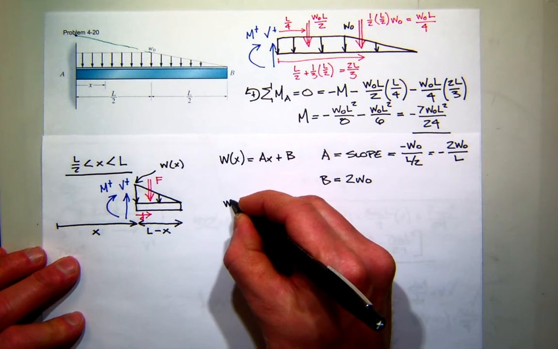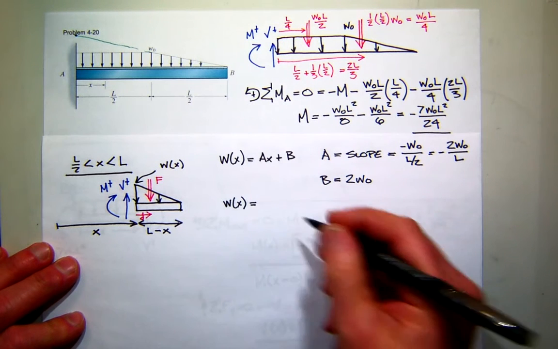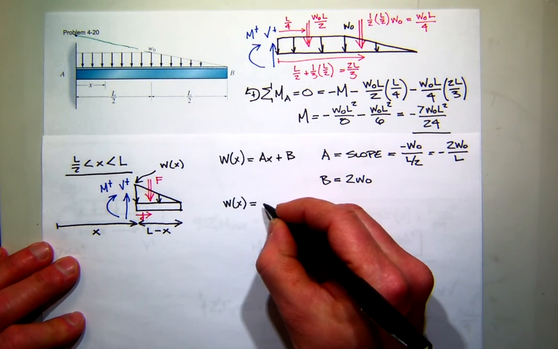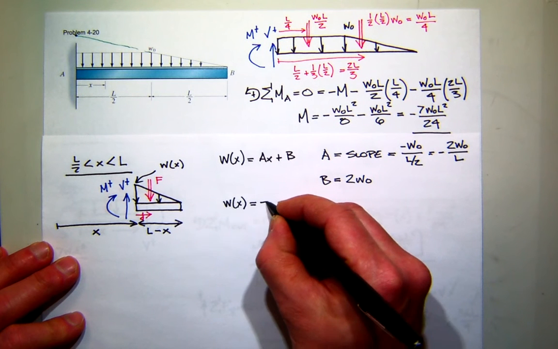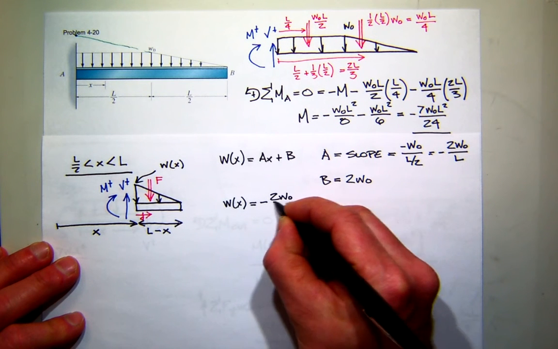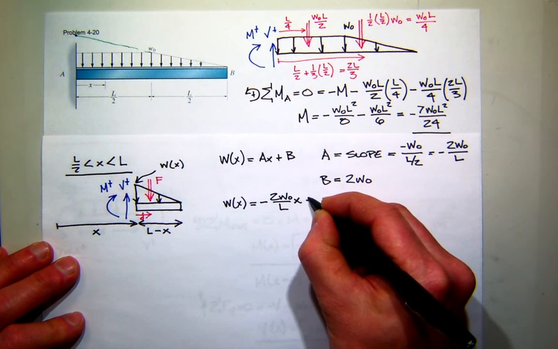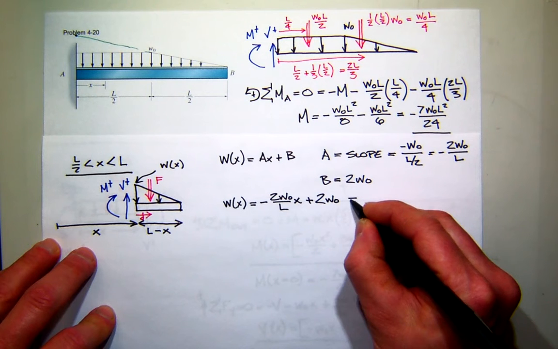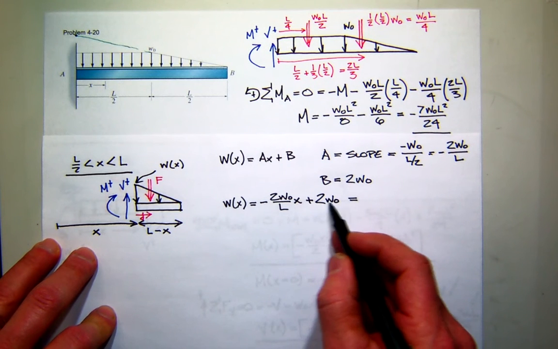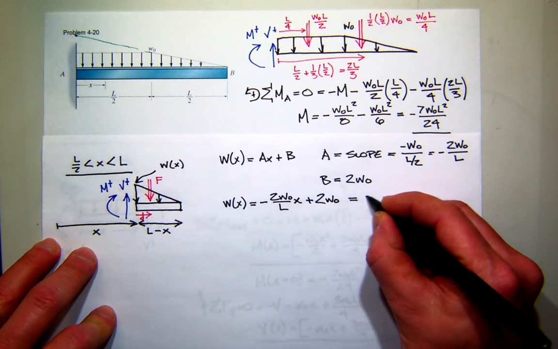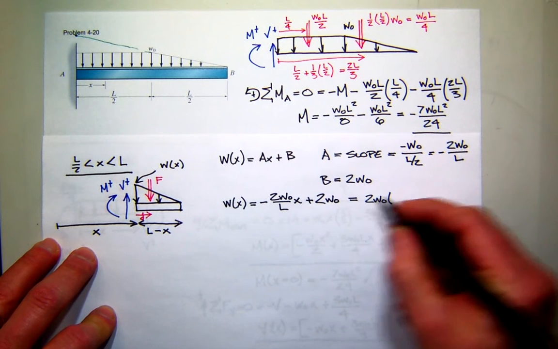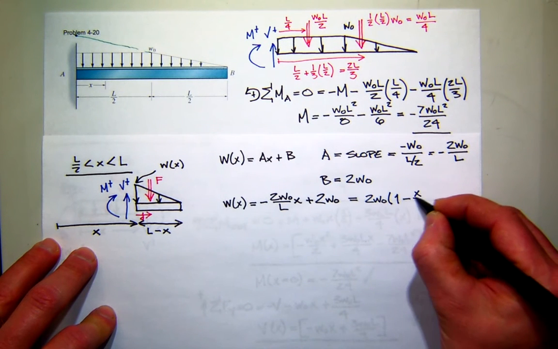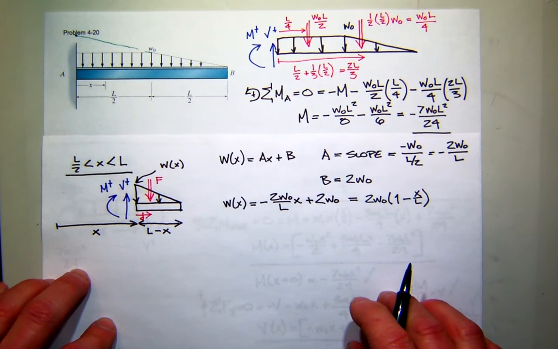So now the load as a function of x becomes minus 2 W naught over L x plus 2 W naught. Now, it might be easier for us to rewrite this a little bit. That 2 W naught's in both of them, so let's pull that out. And I'm left with 1 minus x over L. Right?